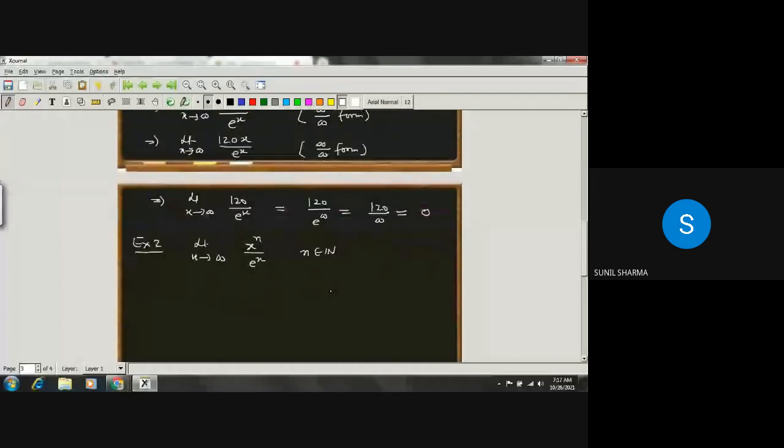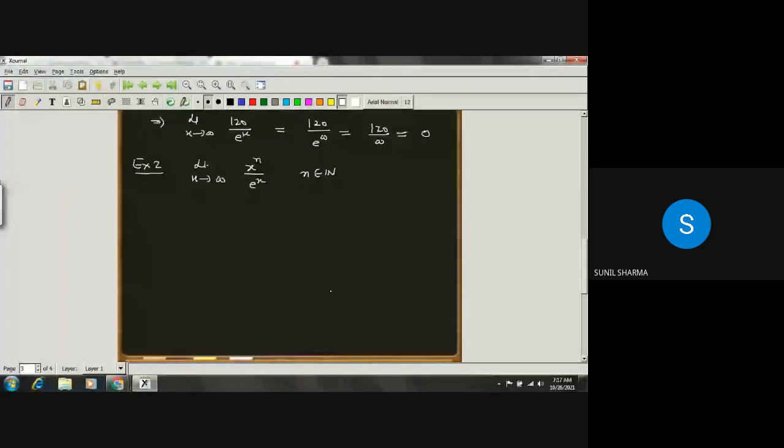Now, if we take x to the power n, limit x goes to infinity, x to the power n upon e to the power x. It is in the form of infinite by infinite. So we apply L'Hopital rule.